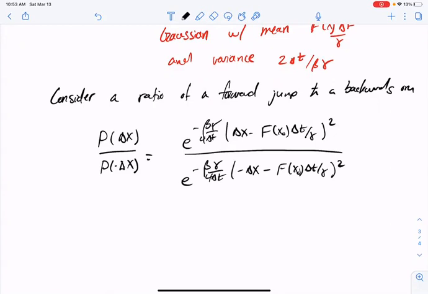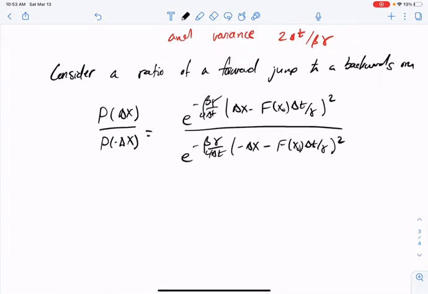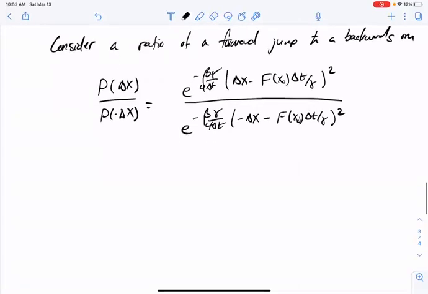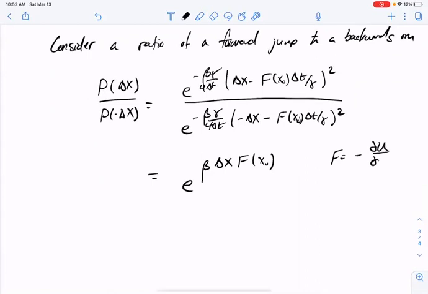If I factor all that out, only the cross term between delta x and f will remain in the numerator, not canceled from the numerator and denominator. I will get e to the beta delta x times f of x naught. F, you remember, is minus the gradient of a potential if this is a conservative force, which to a good approximation is minus delta u over delta x if delta x is small.